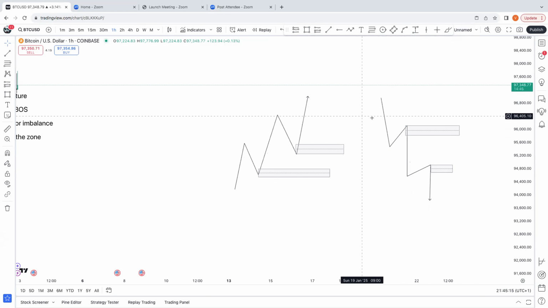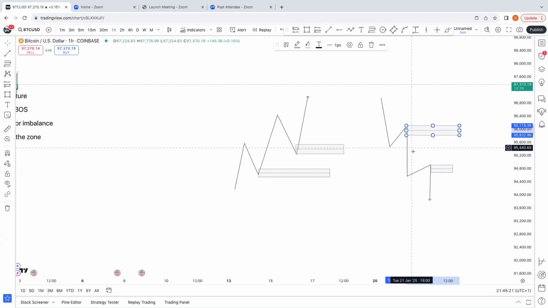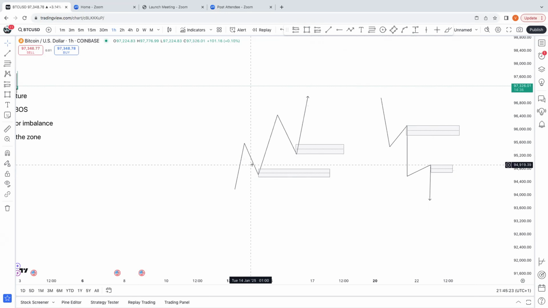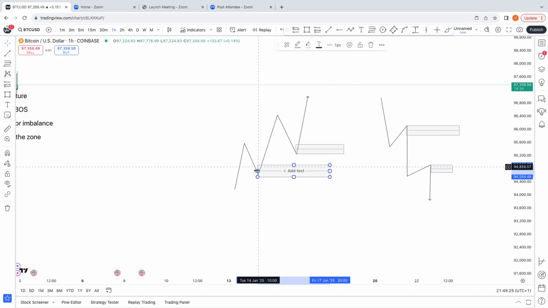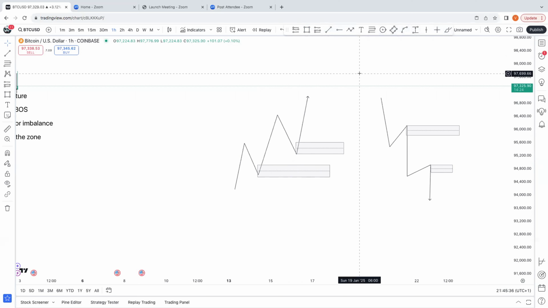So this is what happens in the market. The supply zones are the zones where sales start from to push price down, and the demand zones are zones where the buys start from, where liquidity enters into the market to push price to the upside to continue breaking structures to the upside.